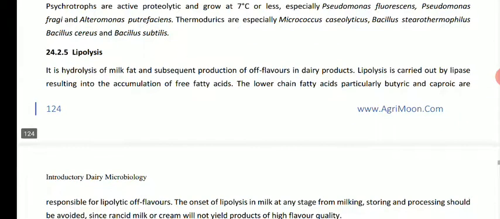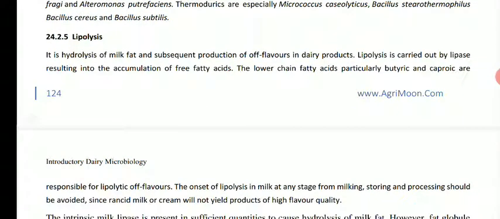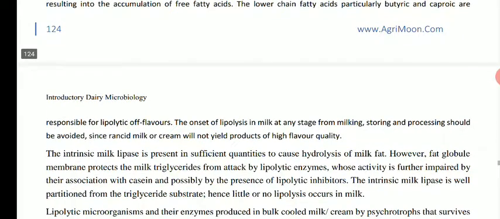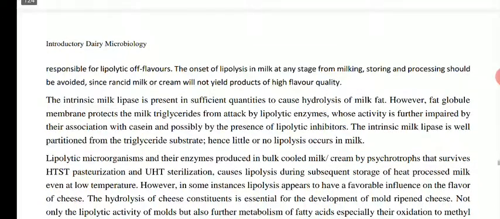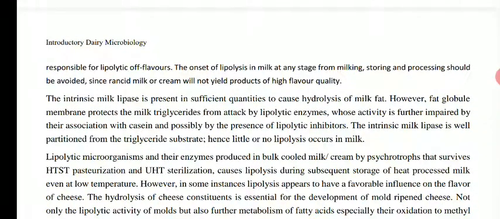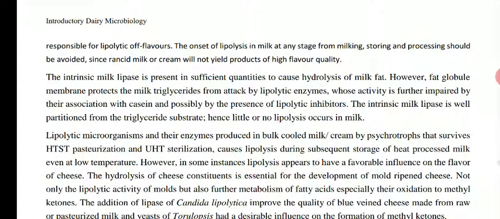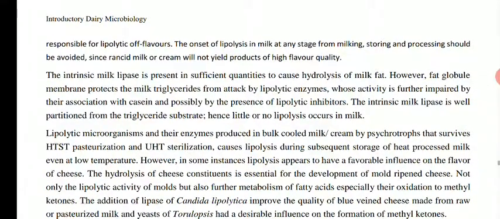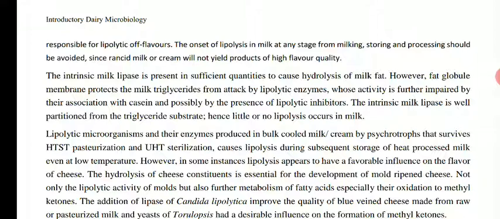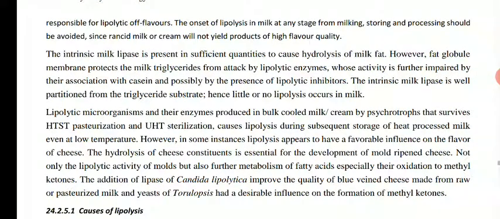The lower chain fatty acids, particularly butyric and caproic acids, are responsible for lipolytic off flavors, and the onset of lipolysis in milk at any stage from milking, storing and processing should be avoided, since rancid milk or cream will not yield a product of good flavor quality.